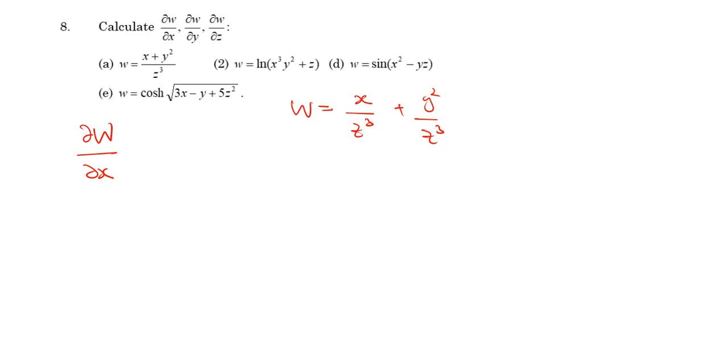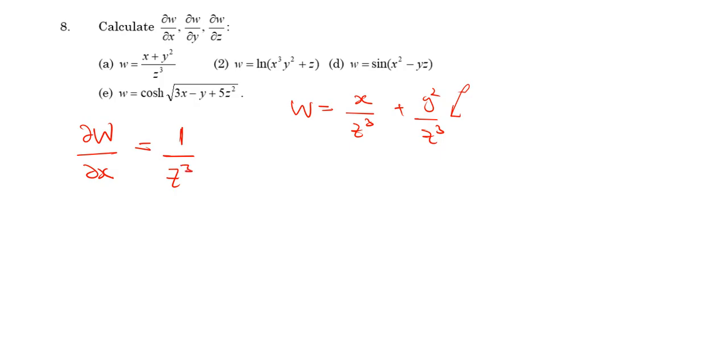You see that this second part does not have an x, so it's not going to concern me in the first one. So for the partial of w with respect to x, I just differentiate the x there, and I get 1 over z cubed.